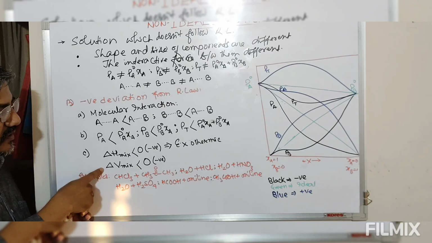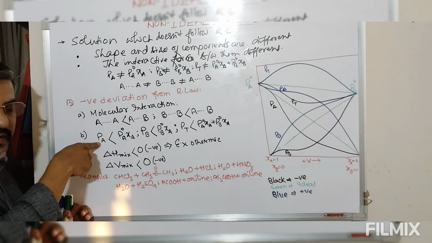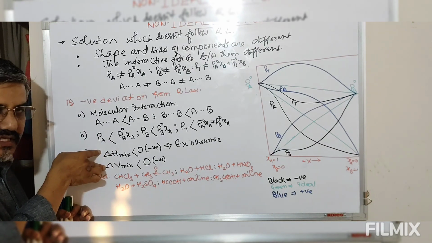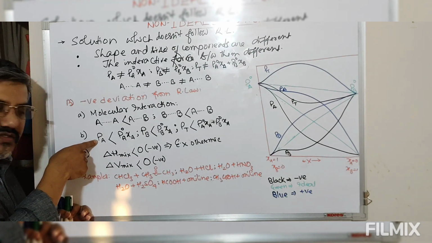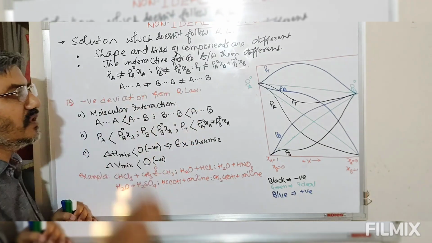For negative deviation, delta H and delta V are negative. The experimental value is always less than the theoretical value. For positive deviation, these two are greater than 0, and the experimental value is also greater than the theoretical value expected from Raoult's law. All these properties we can explain from the intermolecular attractive forces.